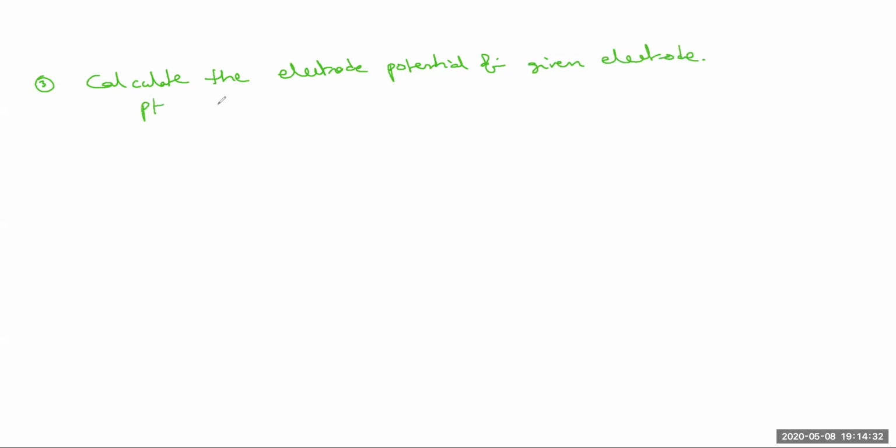By using the Nernst equation, you can find it. Okay, it's 2Cl minus.